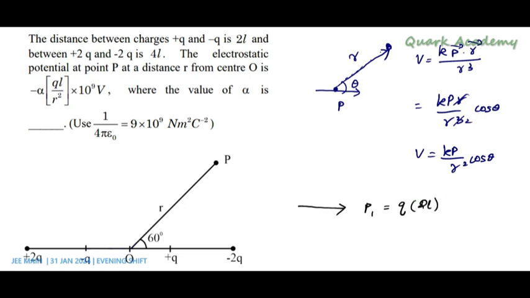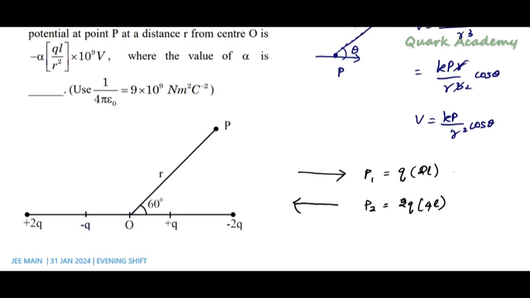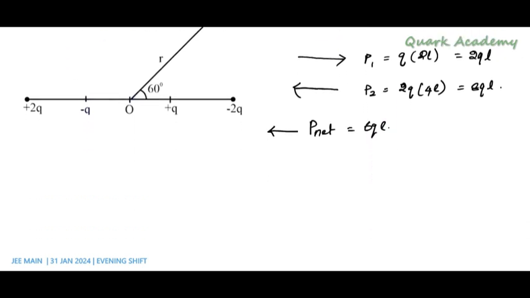Similarly, for plus 2Q and negative 2Q, the dipole moment direction is this way, and let it be P2, and this is 2Q into 4L because the distance between the charges is 4L. So this is 2QL and this is 8QL. The net dipole moment is in this direction, and since both are opposite, we have to subtract. It will become 6QL.